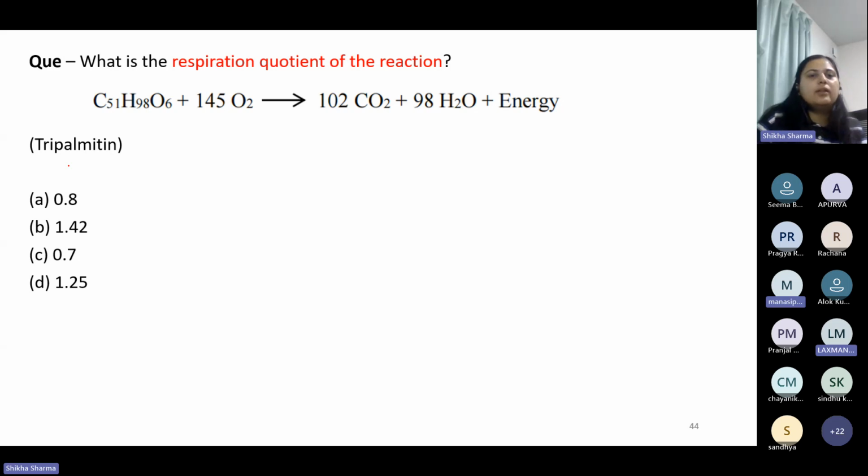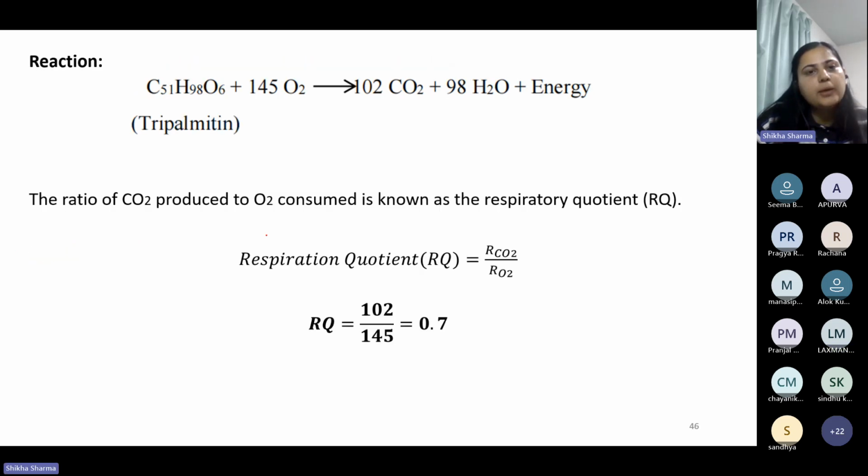Moles of CO2 produced divided by moles of O2 consumed, right? 0.7. Both of you are correct.